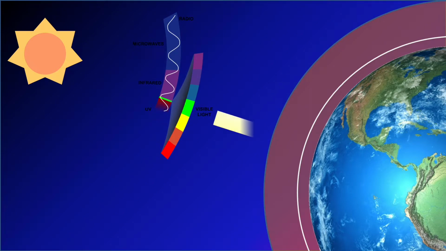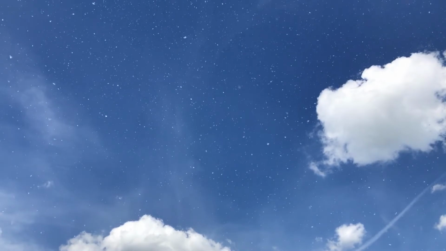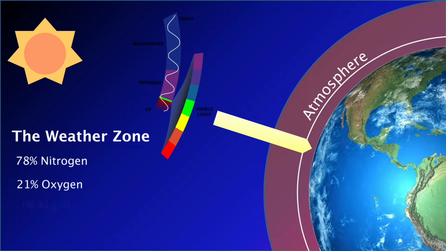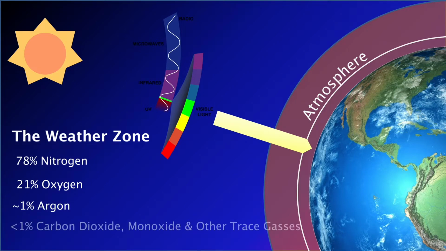At 12 kilometers above Earth, the sun's radiation enters our atmosphere, or troposphere, which is our weather zone. The weather zone consists of 78% nitrogen, 21% oxygen, and 1% mostly argon, along with minor amounts of carbon dioxide, carbon monoxide, and other trace gases.